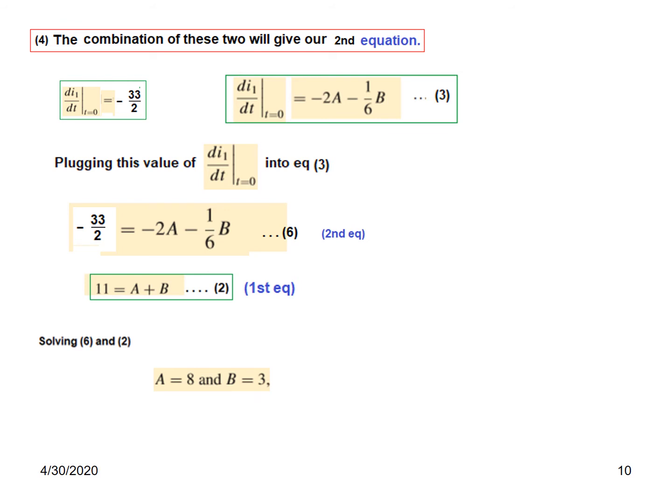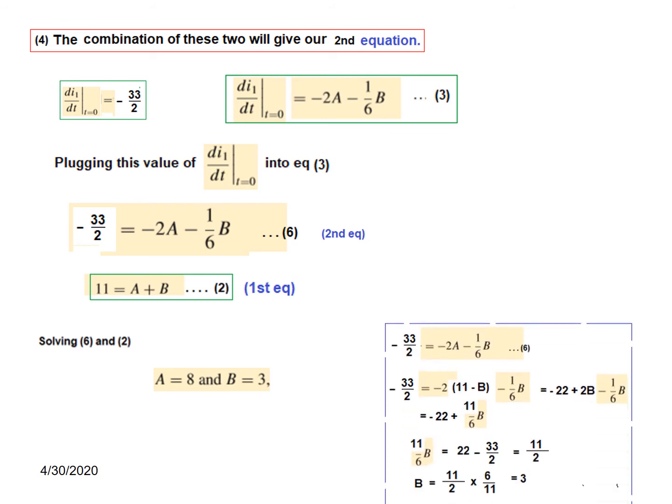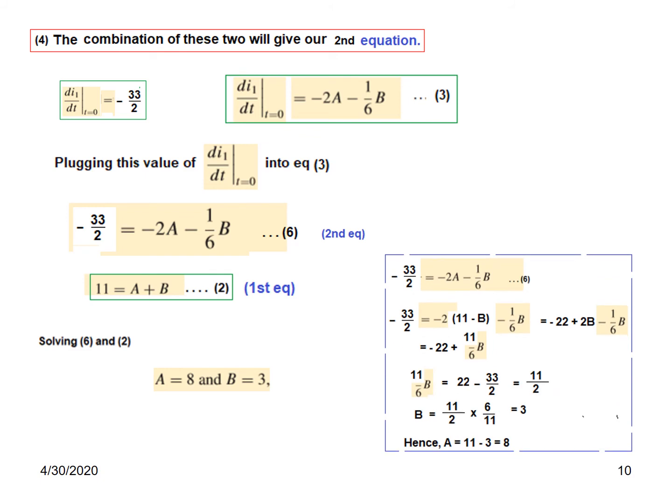Now those of you who are keen to know, I have just solved it separately. What we have done is that we have replaced A, from this circuit, A is 11 minus B, and keep solving. We found B to be 3, and therefore A can be found as 11 minus B, or 11 minus 3 is equal to 8.